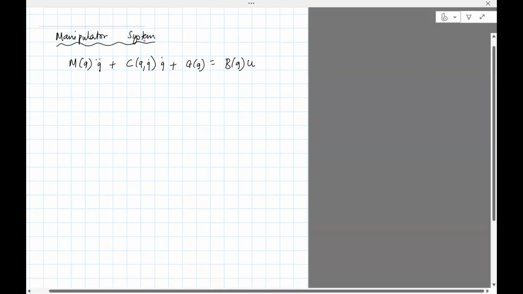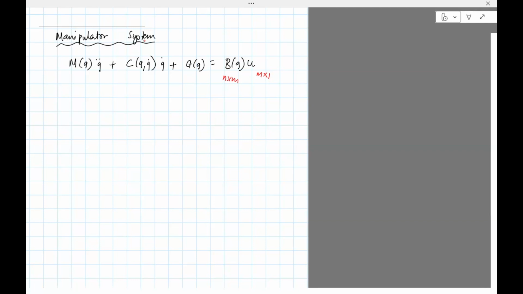If there are m actuators, then we find a B matrix which, when multiplied with u, gives you the right dimensions. Usually for a manipulator, B of q is simply B, a constant. It will have ones in suitable places such that B times u gives you what you desire, which is torque at joint 1, torque at joint 2, and so on.